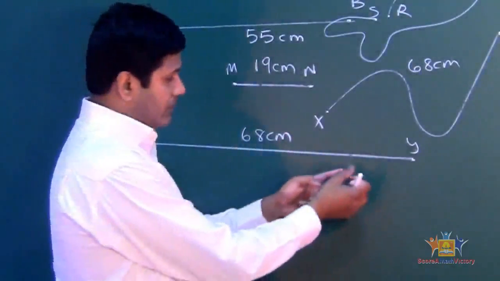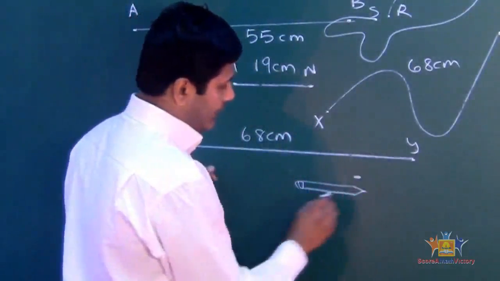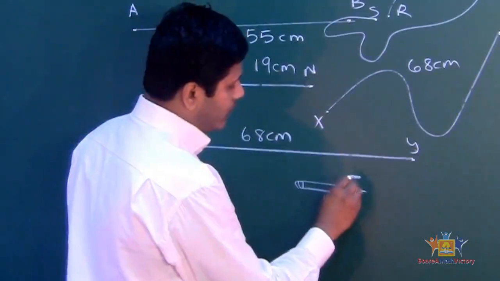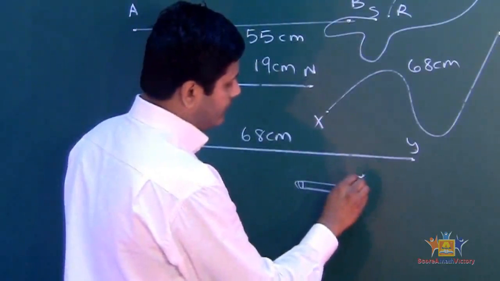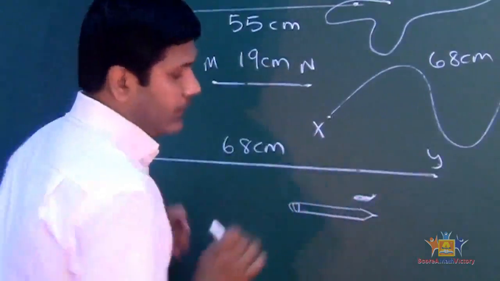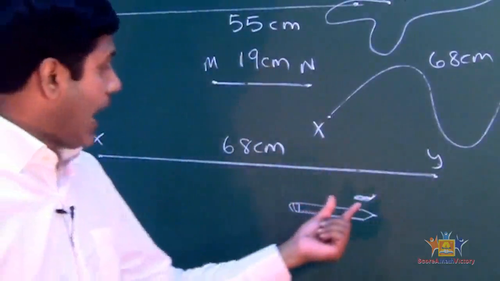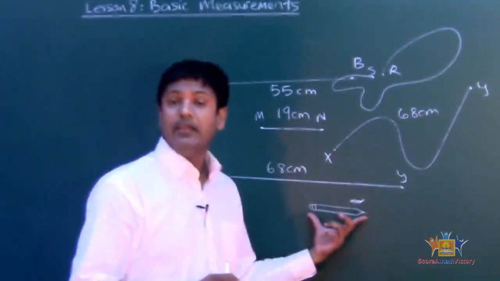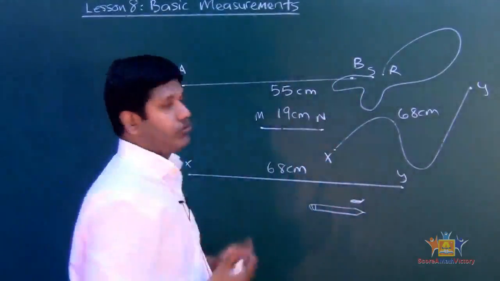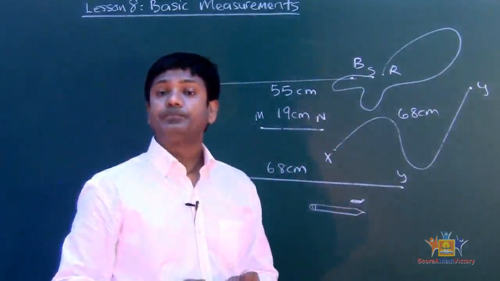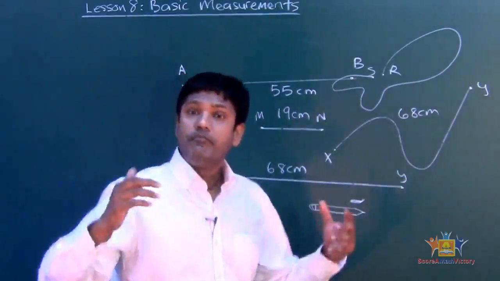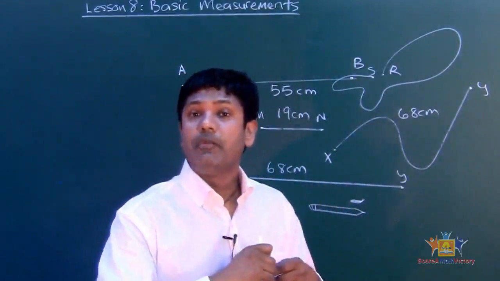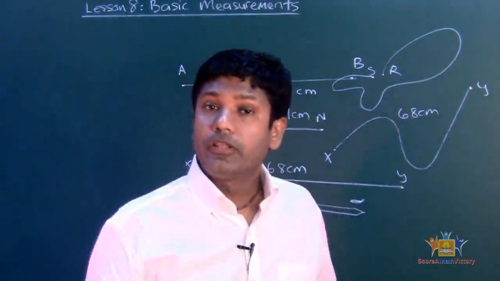So again, for something really small, let's use a cockroach, if I want to measure the length of the cockroach, I want to use millimeters. If I want to measure a pencil or pen, or even the string right there, I want to use centimeters.